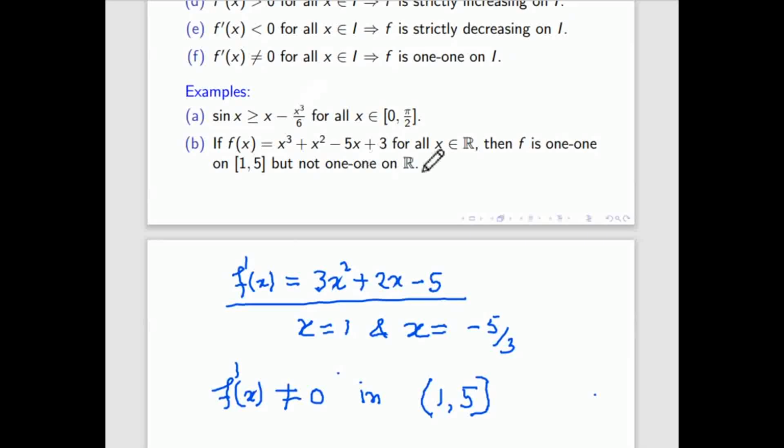So here we have to show that the function is one-one in the closed interval 1 comma 5. What we proved is that the function is one-one in the open interval 1 to 5, closed at 5. So what about at point 1? Is it one-one or not?